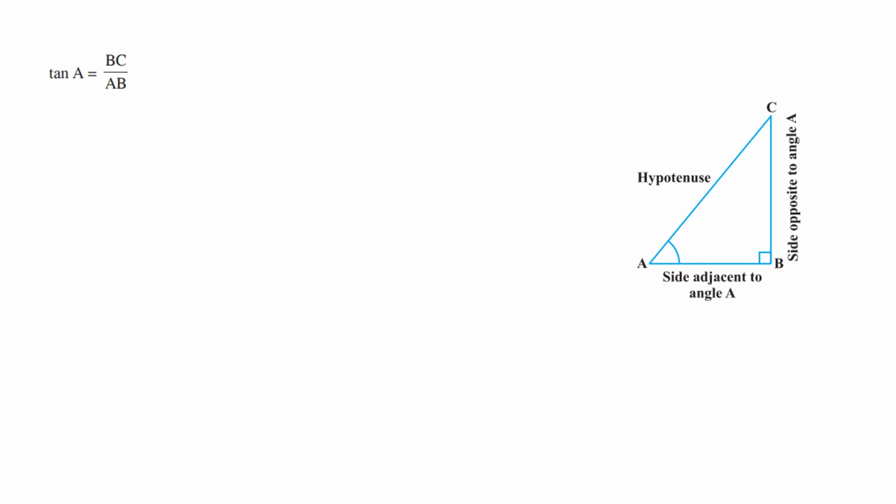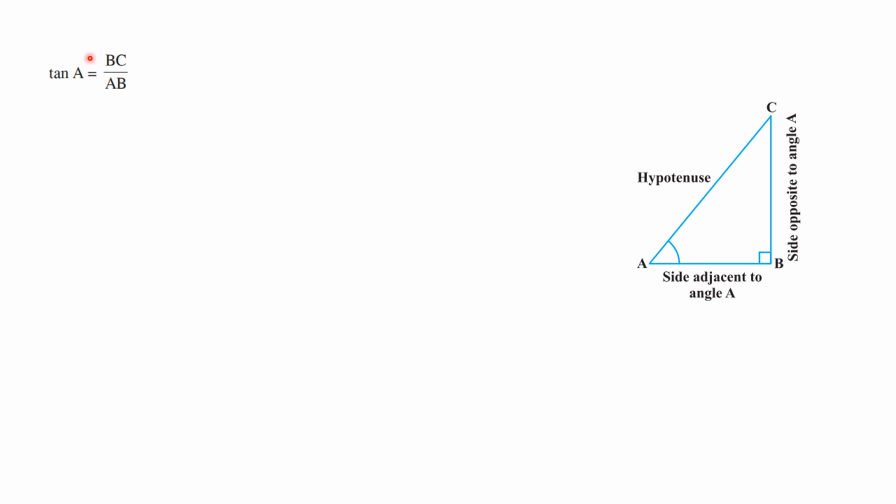Now see here, tan A is BC by AB. Why BC by AB? Just now we have seen the trigonometric ratios. Tan is what? It is side opposite to angle A by side adjacent to angle A, and side opposite to angle A is BC, and side adjacent to angle A is AB. So I have written it here like this. Now here I am going to find the relation between tan, sine and cos.